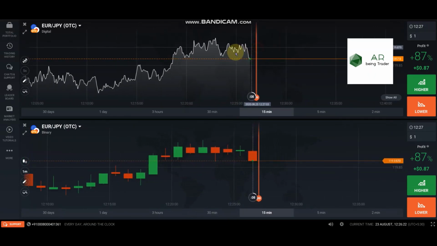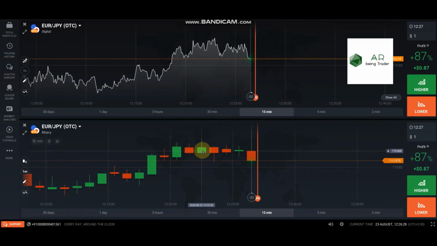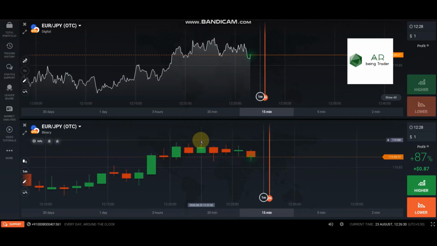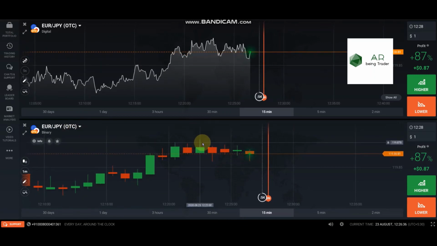You can see here, we can't find what are the highs and what are the lows made by the market. For this candle, this is the high, at 119.88. Euro JPY is a forex pair, right?